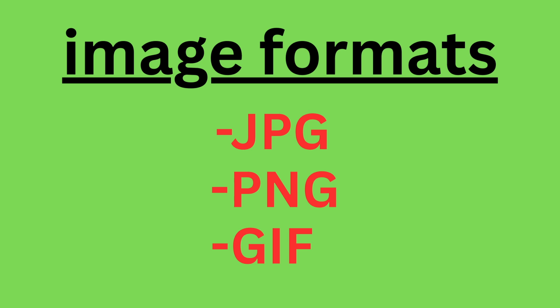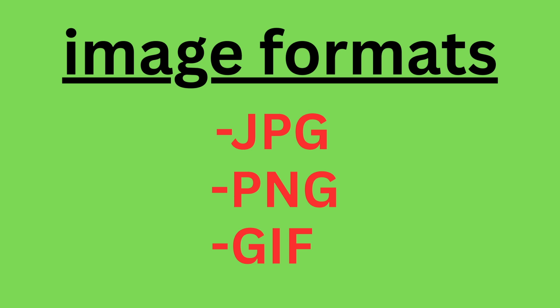Now before we continue, it is important that we talk about the image format. We have so many image formats, but there are popular ones like the JPG or JPEG, like the PNG and the GIF.